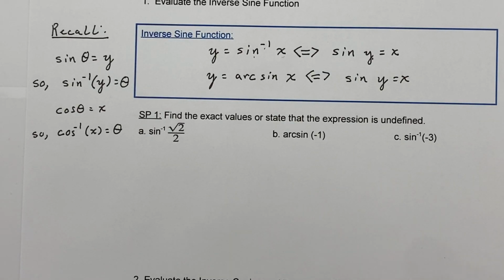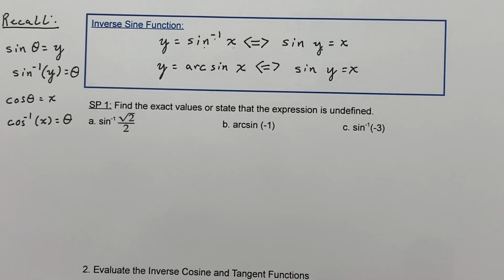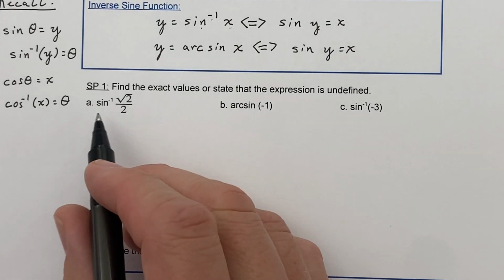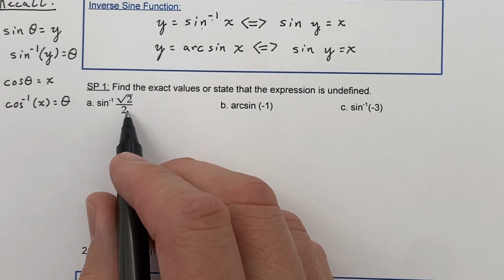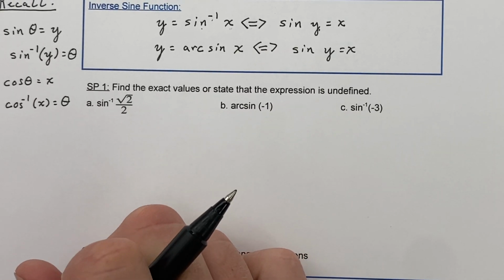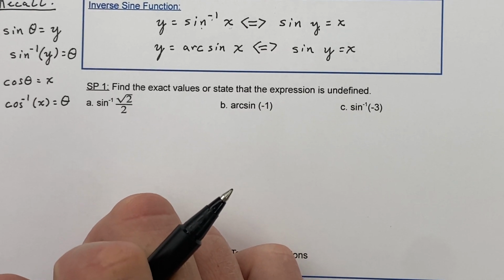So unit circles, if you don't have them out, go ahead and let's take a look at those. It does say to find the exact values, or state if it's undefined. So exact values means unit circle. We got the inverse sine of square root of 2 over 2. Where is our y value? Square root of 2 over 2.